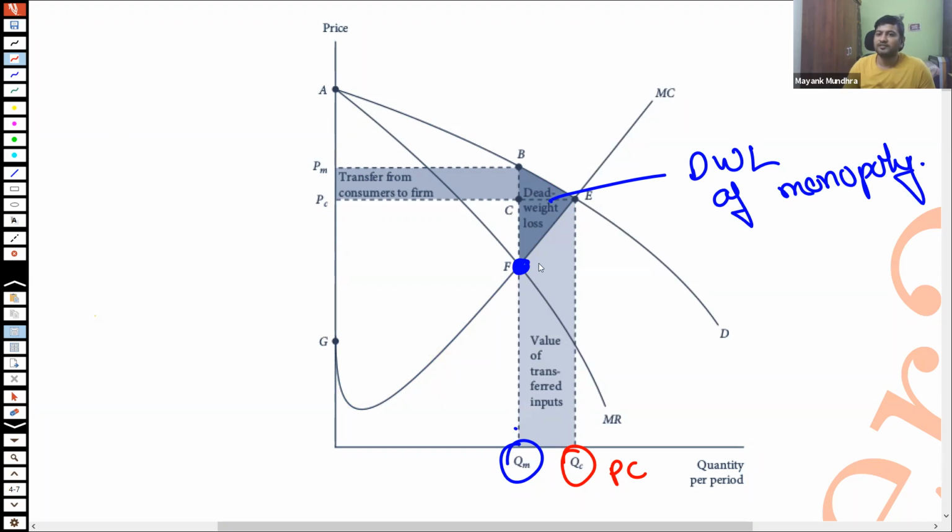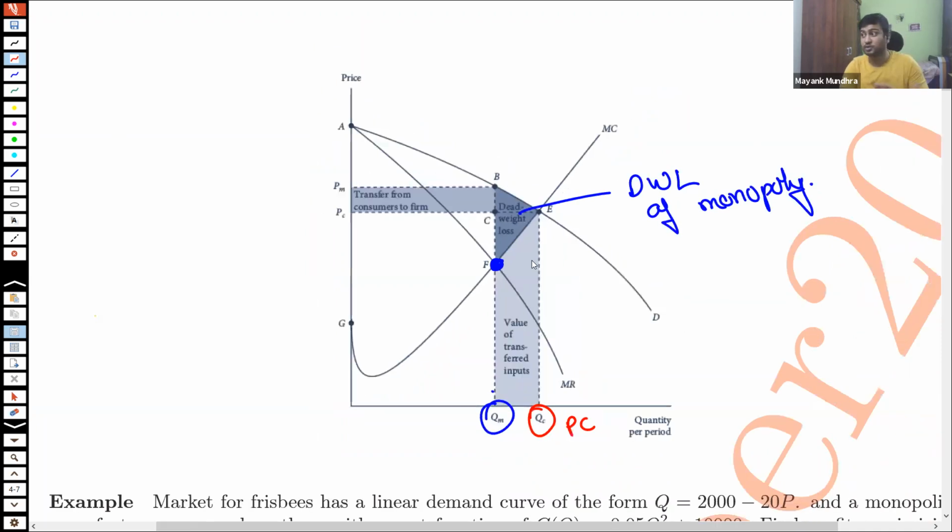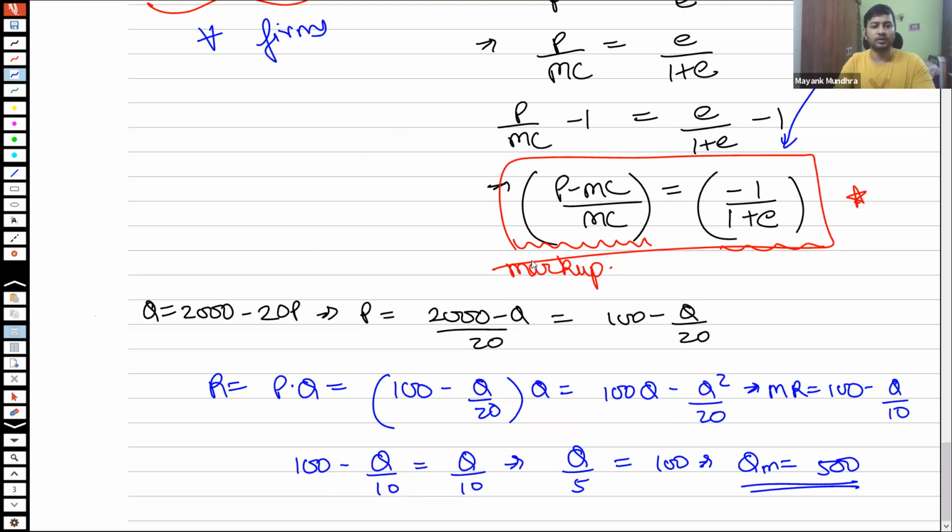All right, so how do I find the deadweight loss of a monopoly? I'll do a simple question, then I'll pass on a more difficult one to you guys. So that's how it works, right?